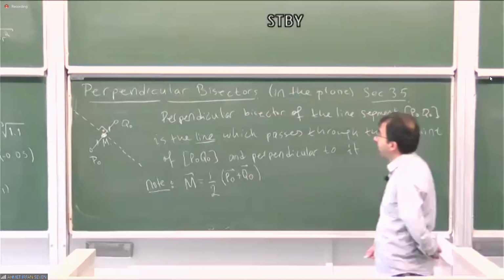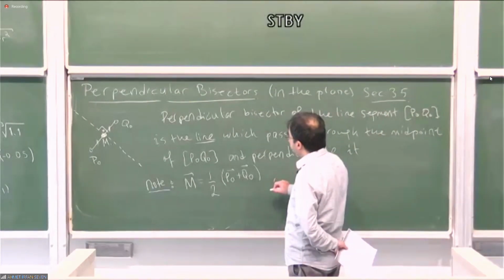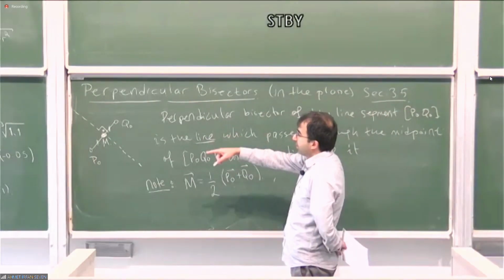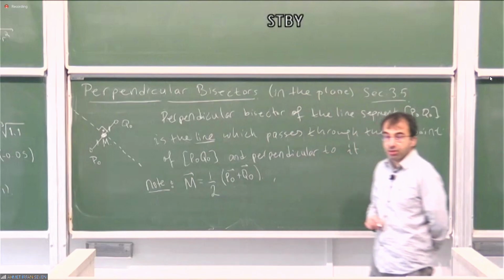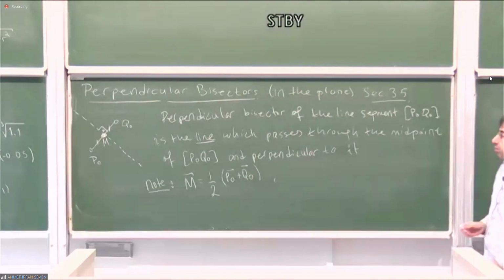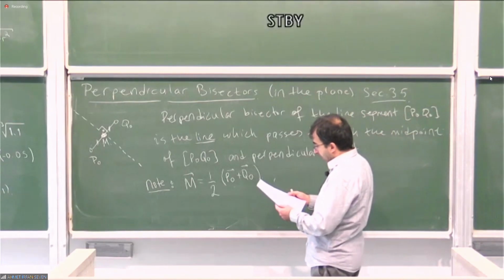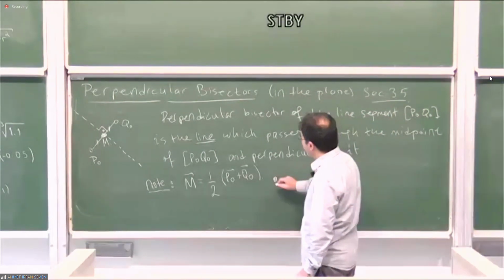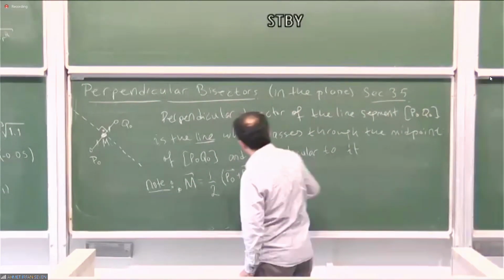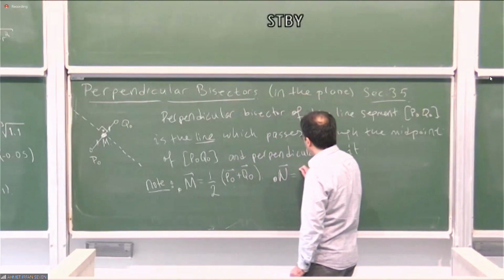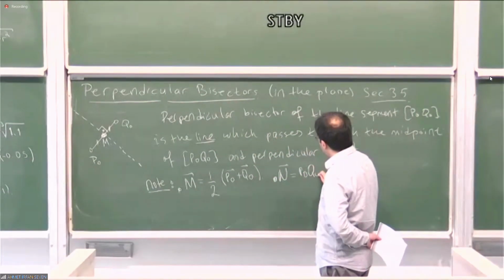What else? If we consider the vector P0 to Q0, it will be perpendicular to this line. So the second one is, let's call it M, P0, Q0.